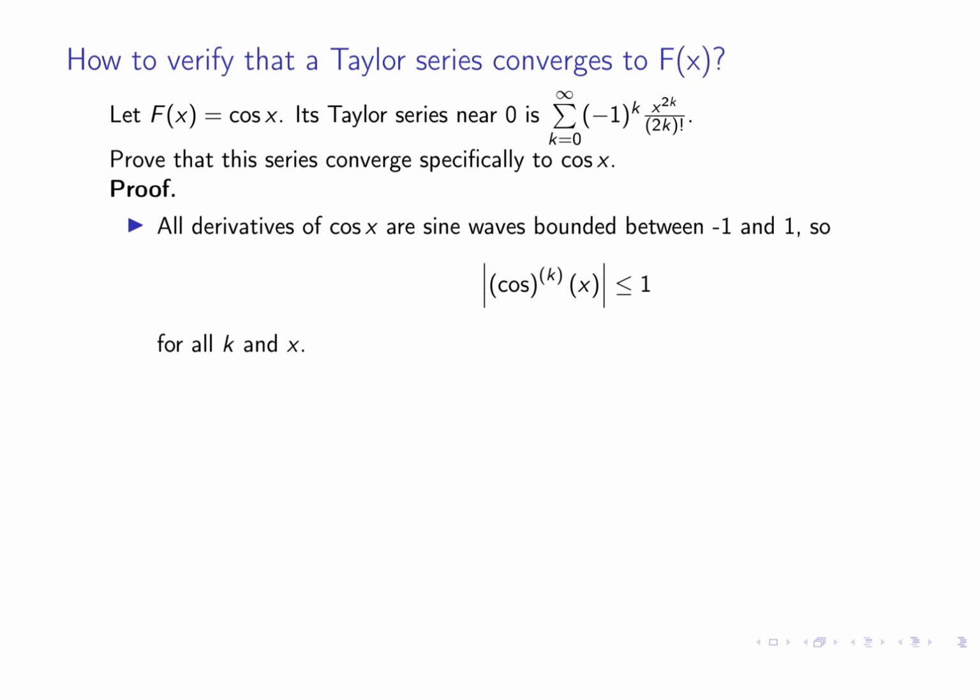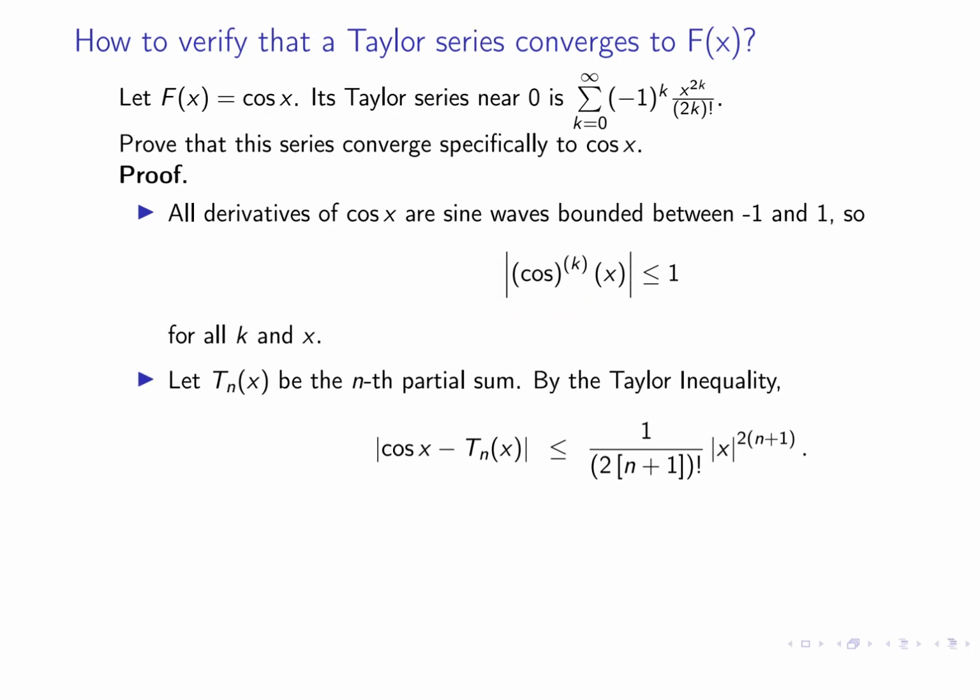All these derivatives have y values between minus 1 and 1. So the absolute value of every derivative of cosine is less or equal than 1. It doesn't matter what x is, and it doesn't matter what the order of the derivative of cosine is. It's always less or equal than 1.